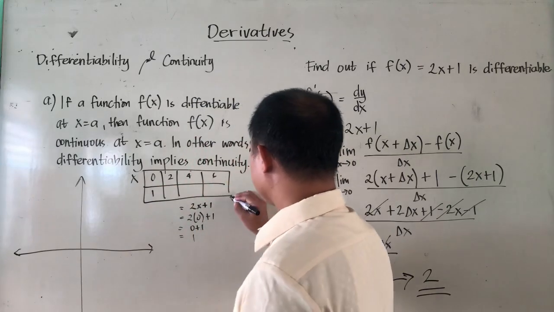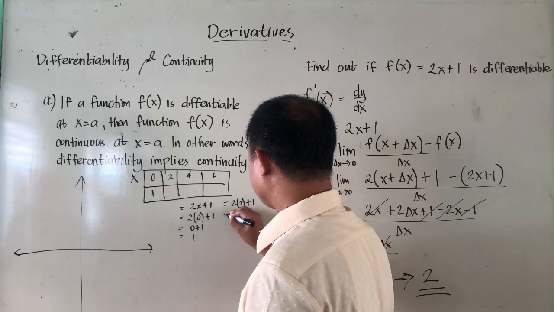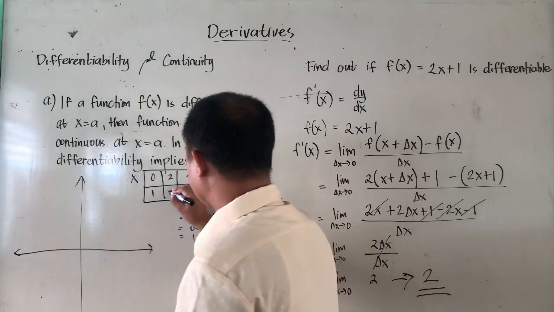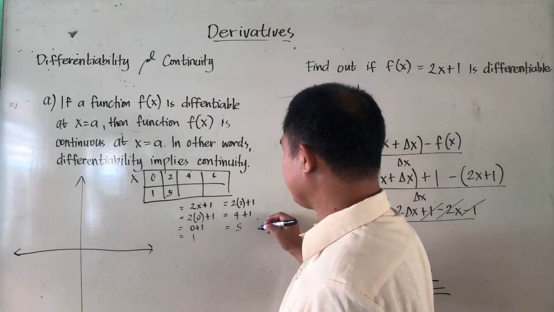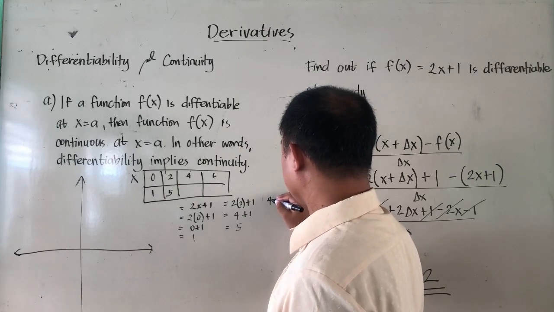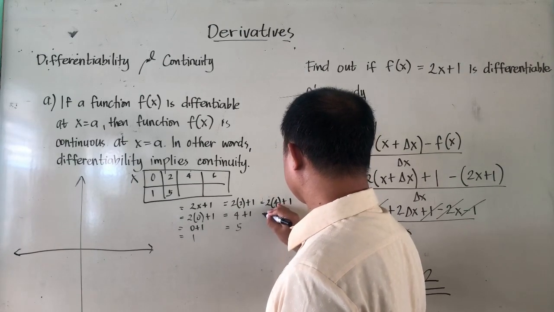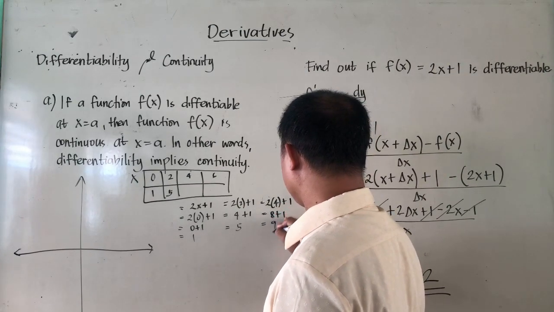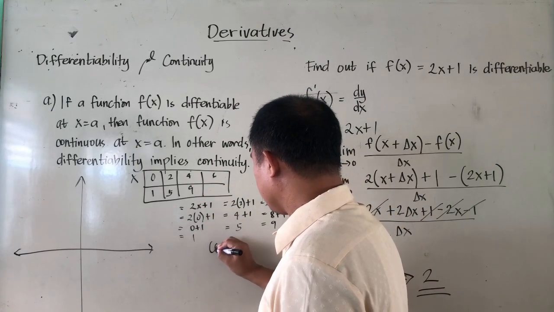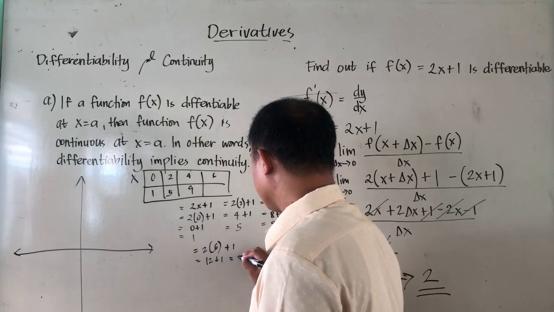If we have 2, then 2 times 2 plus 1 gives us 4 plus 1, that is 5. If we have 4, then 2 times 4 plus 1 gives us 8 plus 1, that is 9. And 2 times 6 plus 1 gives us 12 plus 1, that is 13.